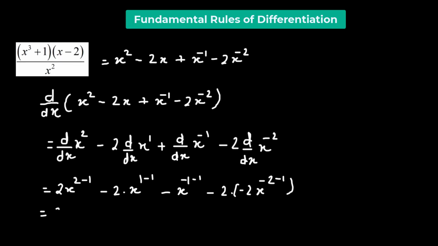So we have 2x minus 2, because we have x raised to the power of 0, so that will be 1, minus x raised to the power of -2 plus 4 times x raised to the power of -3. So this is going to be the derivative of the given function.